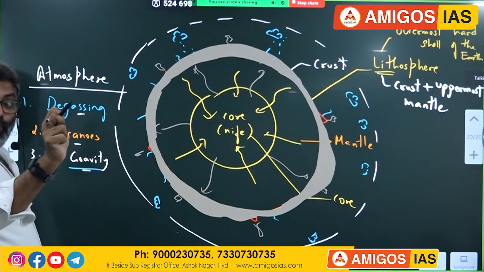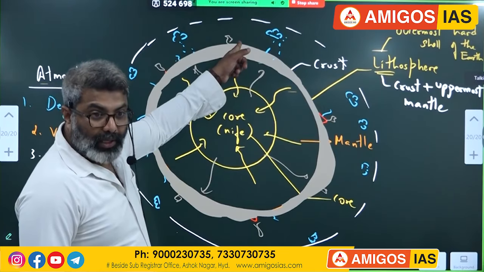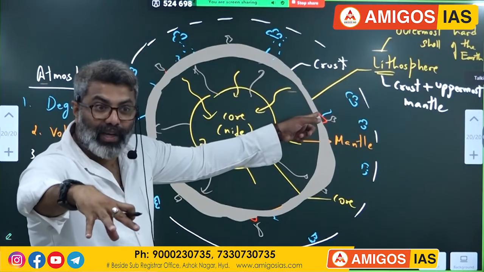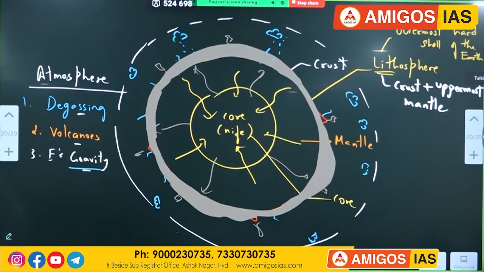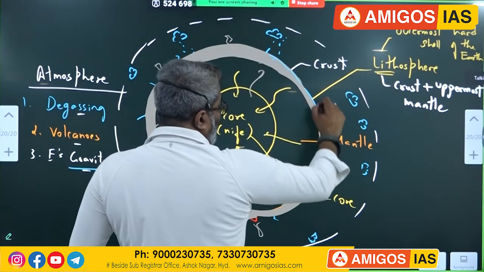So where will the water go? See here, all of you. The water will fall on the top of the mountain. Correct. It will flow down. Correct. Because of the slope. Finally it will accumulate where? In the depression here. If I pour the water here on top, where will the water go finally? It will come down. Correct? So gradually all the water came down, settled in the depressions.